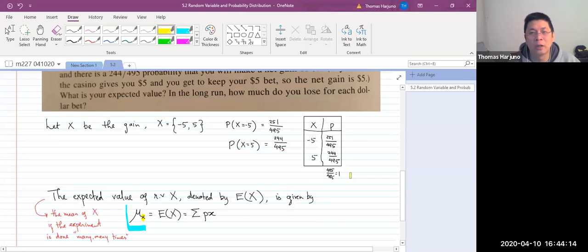Okay, the expected value of winning or losing on each game if we play this game many times.